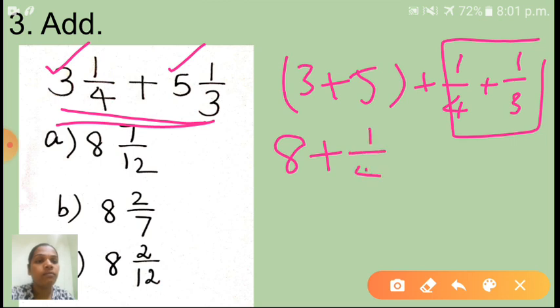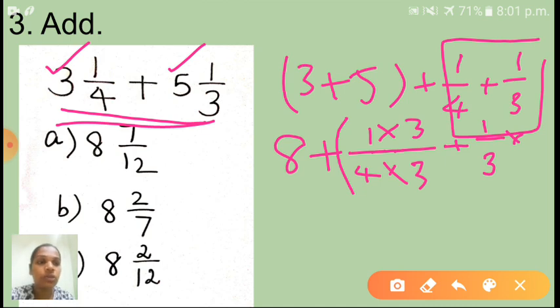Okay children, so see here, 1 upon 4, here the denominator we have to convert into 12. How do we convert? Here 4 is there. So 4 into dash is equal to 12. What will come? Very good, 3 will come. So the numerator also you have to multiply with 3. Plus 1 upon 3, children see here 1 upon 3 also.